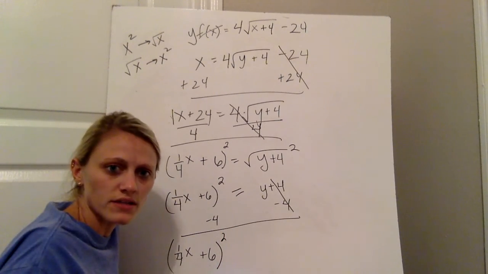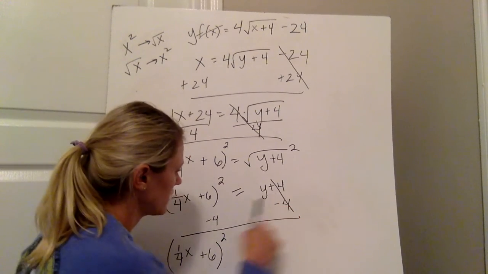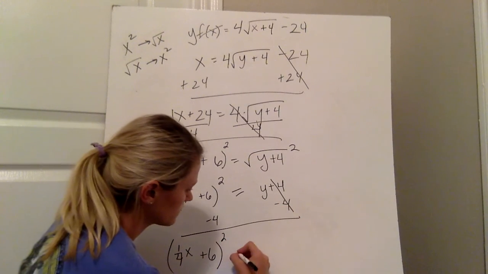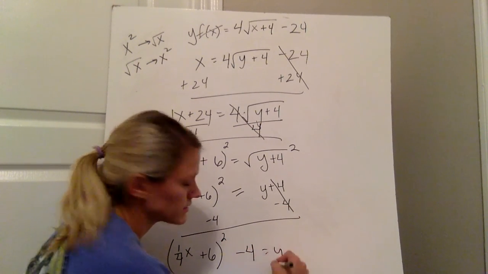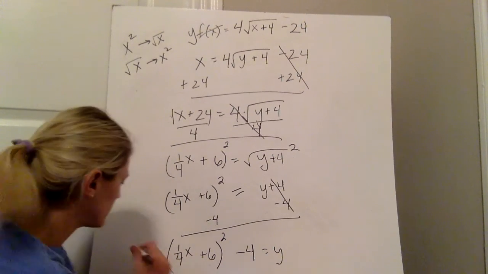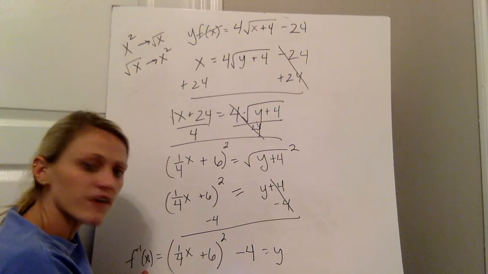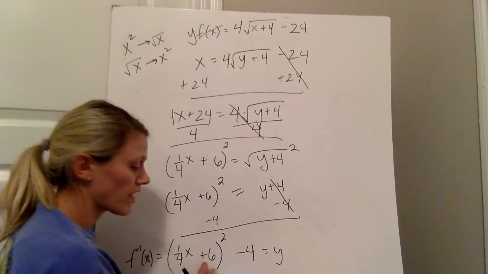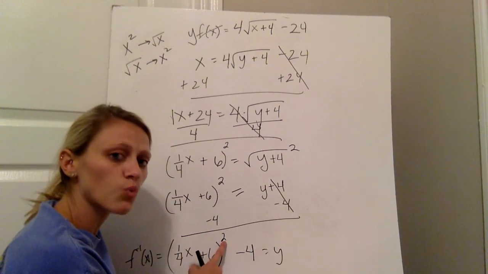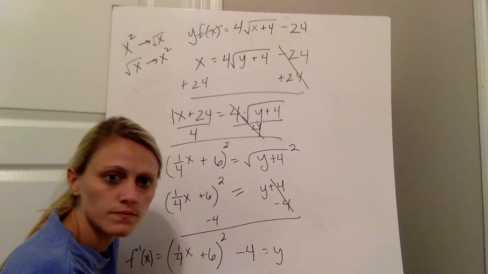That's where my squared is. I had to square the whole thing. This minus 4 is equal to y. So my inverse of f of x is 1/4 x plus 6, all of this squared, minus the 4.